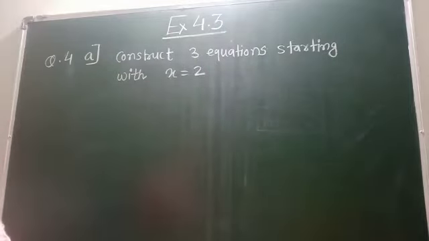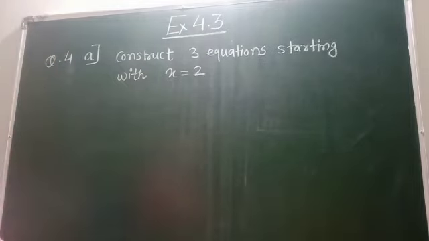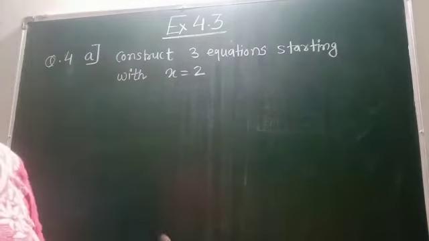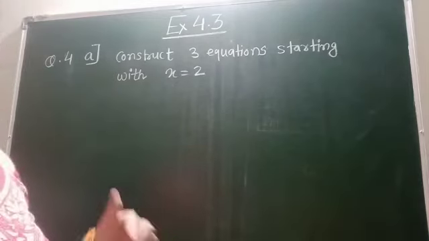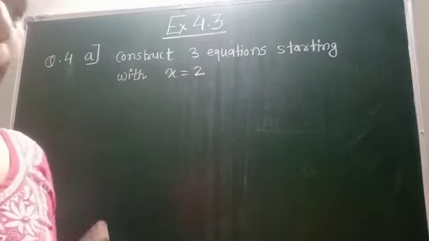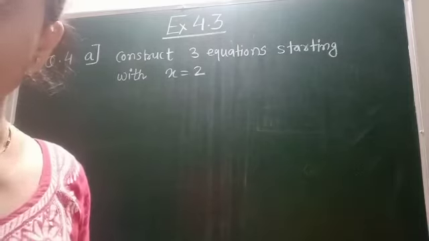So what we will do, as we learned in your book, student: if in any equation we add the same number on both sides, the equation will remain the same. If we subtract the same number on both sides, your equation will remain the same.